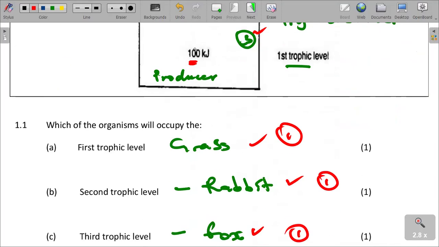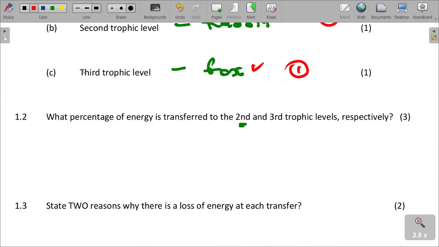So in other words, what percentage of energy is being transferred? I want us to begin by saying there is a decrease in energy. Firstly, I want us to note that there is a decrease, which is shown according to our graph here.